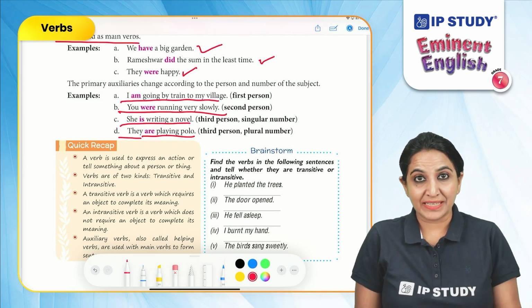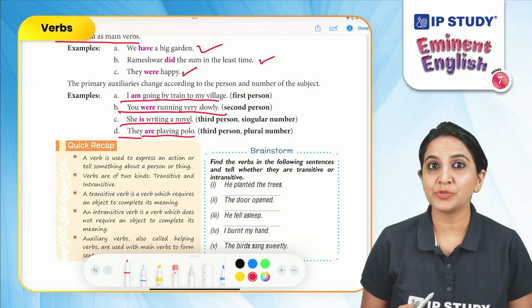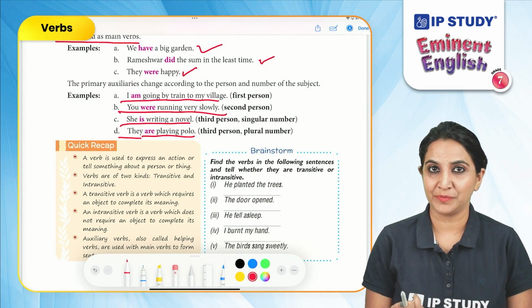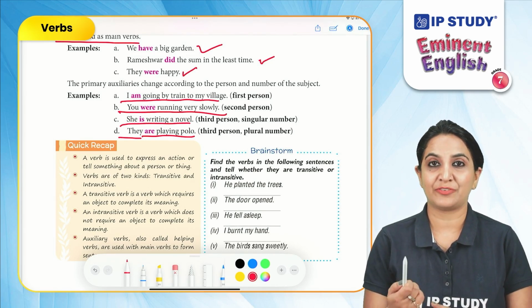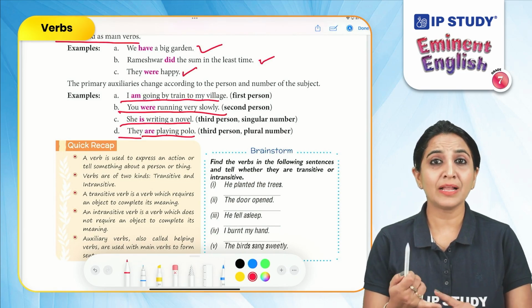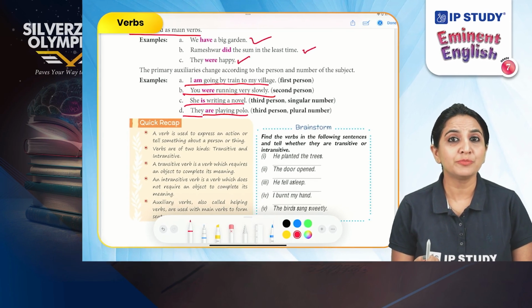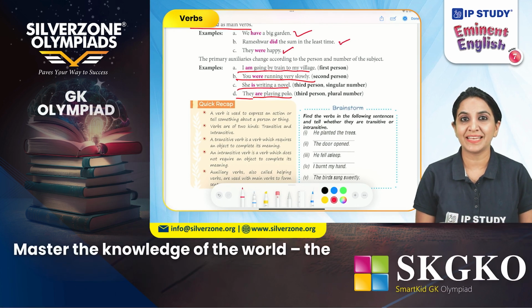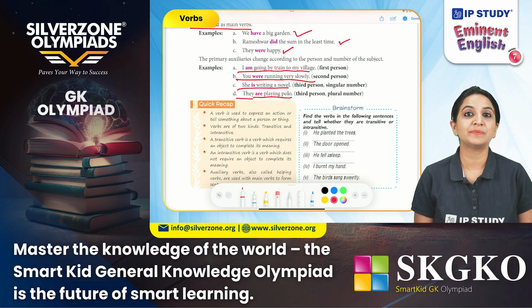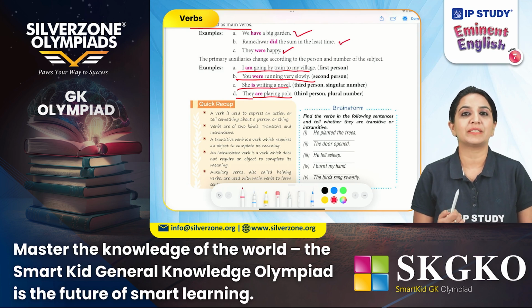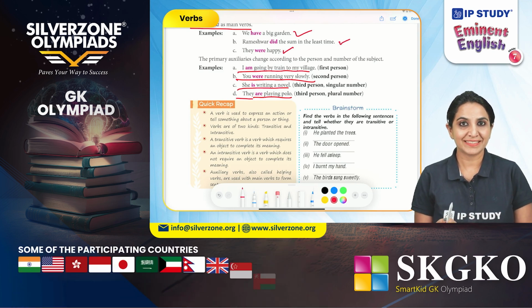Today, what we did is that we understood what is a verb. We understood two kinds of verbs, intransitive verbs and transitive verbs. Transitive verbs are those verbs which require an object to form the complete sentence. Intransitive verbs are those verbs which do not require an object to form the complete sentence.